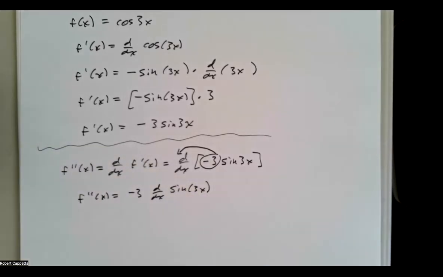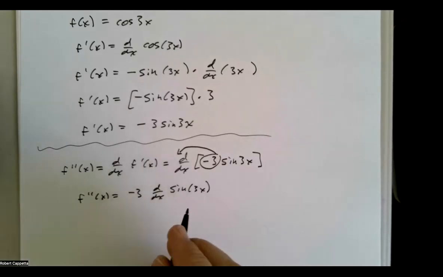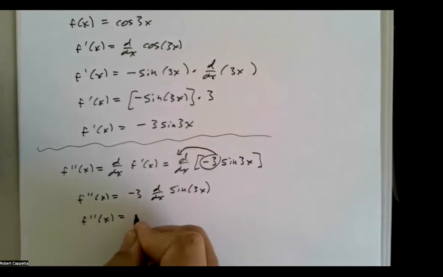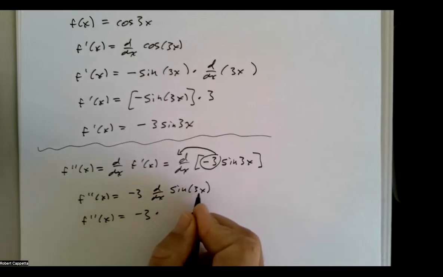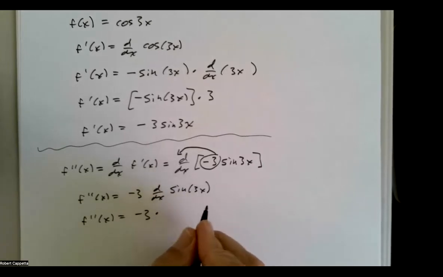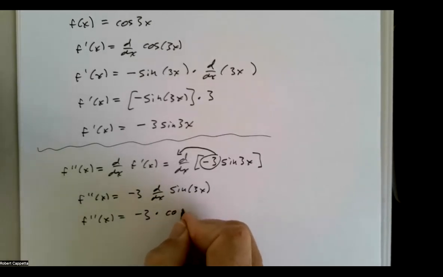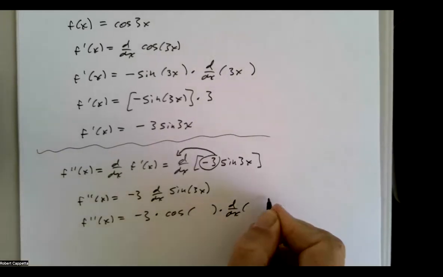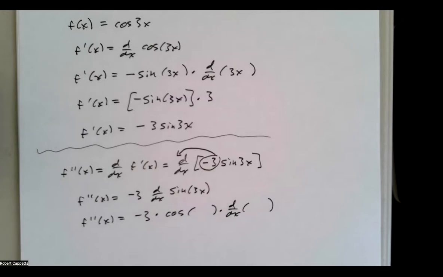And there's a couple ways we could do this. We could do this with u's. We could do this with the inside-outside function, whatever you prefer. I think I'm going to go ahead and just use the inside-outside approach. So we'll say that f double prime of x is negative 3 times, what's the derivative of the sine of something? The derivative of the sine of something is the cosine of something times the derivative with respect to x of the something.